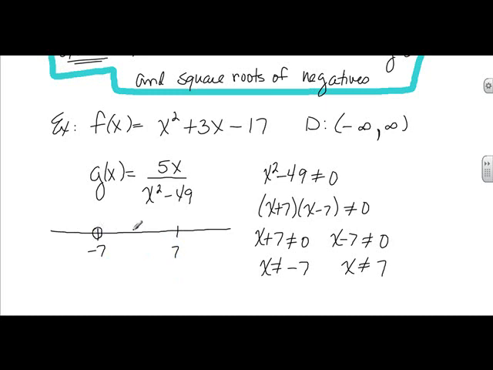So we would have open circles at negative 7 and positive 7, and then the entire rest of the number line would be shaded. Any other real number except those two is fine. So in interval notation, it would be negative infinity to negative 7, union negative 7 to positive 7, union 7 to infinity.